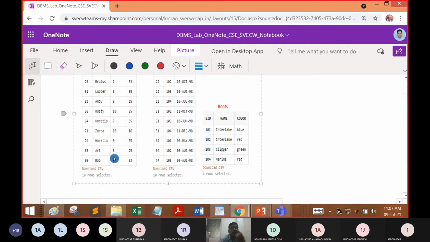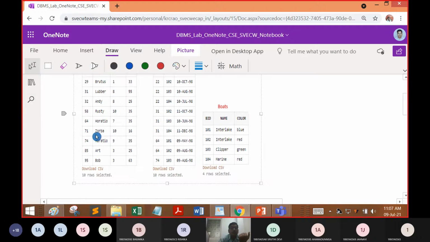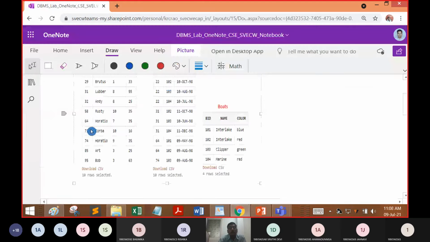And second one was whoever sailors is greater than again 9. So again we have a repetition of 58 here, that is 10, and repetition of 71. So in this way we have 71, 34 for the second one, 58 and 31 and 32 for the second one. Why are we getting this model?